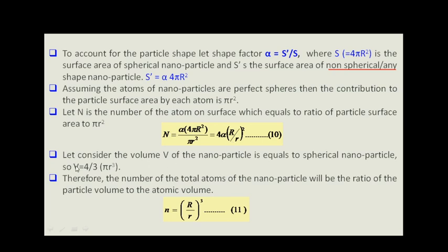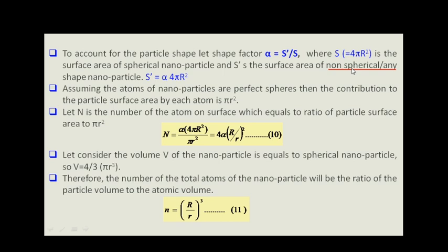So, if I consider the volume V as 4 pi by 3 r cube, then if I take the ratio of the particle volume to the atomic volume, I get the number of atoms within that particular volume. Here we should remember that we are putting a limitation in our model that whether the particle is spherical or non-spherical, its volume is the same.